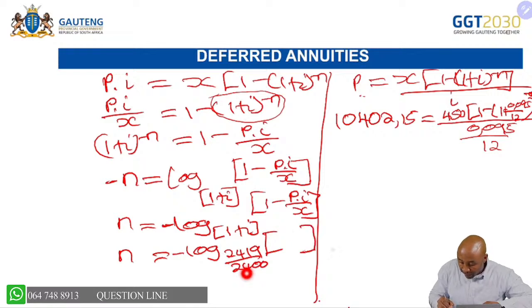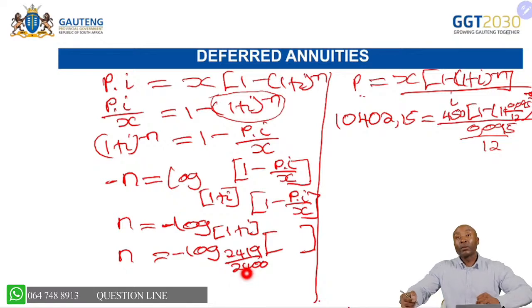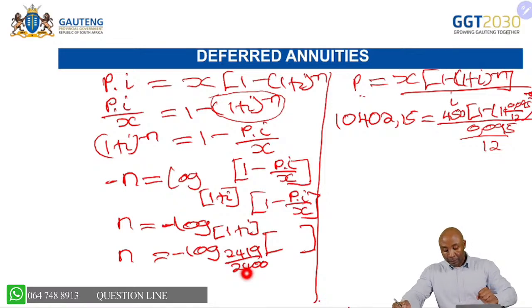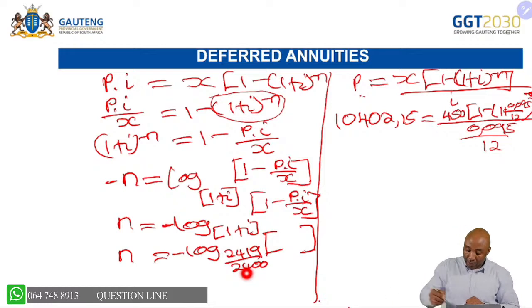When you simplify, what I have there is 1 minus, in place of P you put 10,402.15 multiplied by 0.095 over 12, divided by 450. You should get 0.816999.